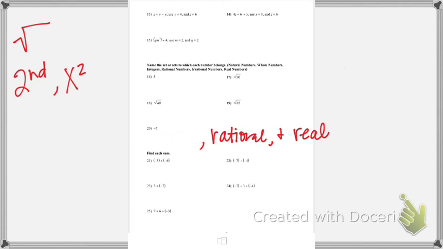So those definitions are important to know. Alright, number 21 through 25, all we're doing is really finding the sum. So remember, the word sum means to add. So we have -3 plus -6. We all know how to do this. -9.